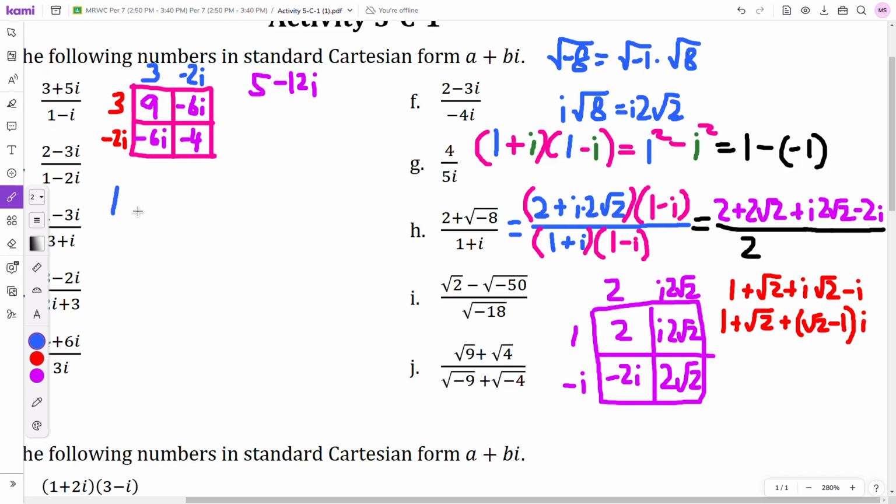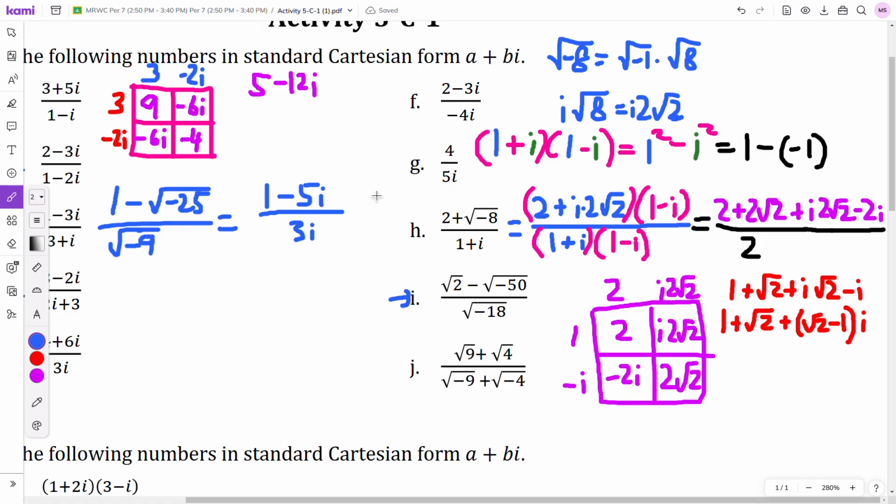I'm going to get 1 minus root negative 25 over root negative 9. And I would like to point out that this is simply 1 minus 5i over 3i. This is I. This is this one right here.